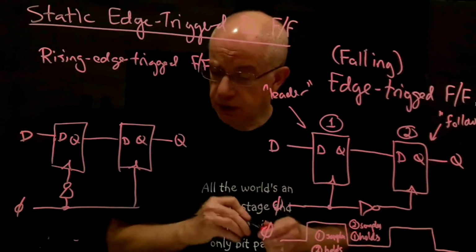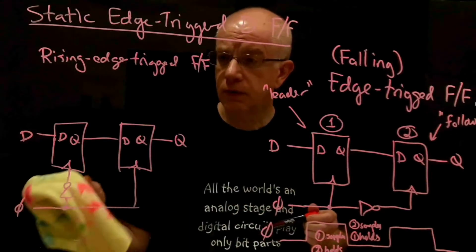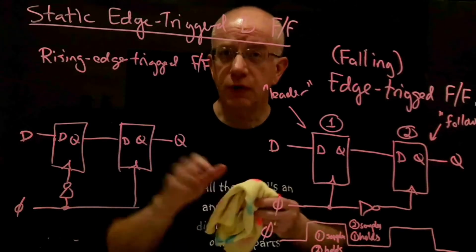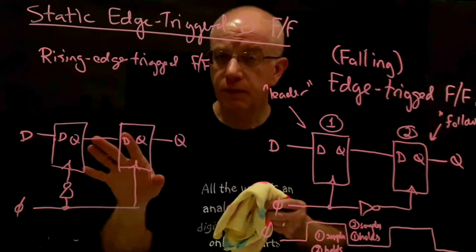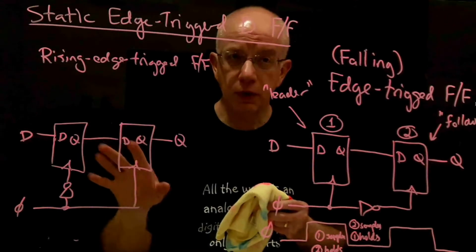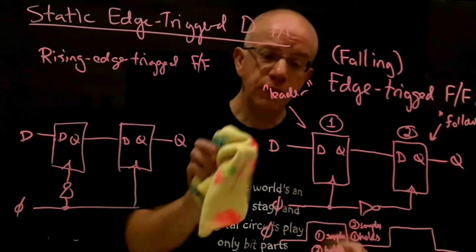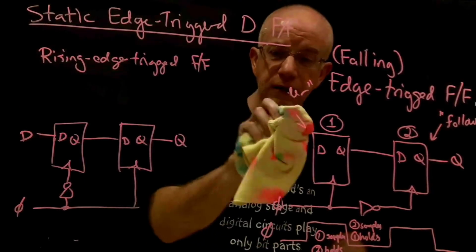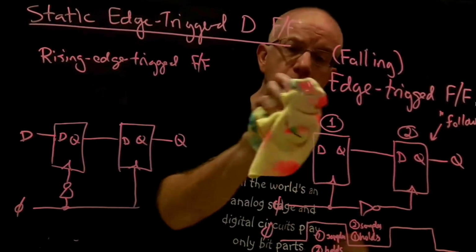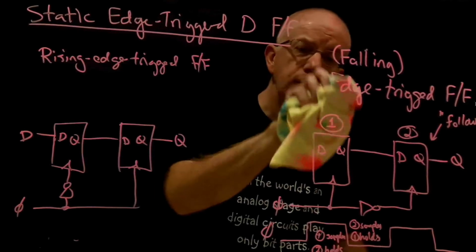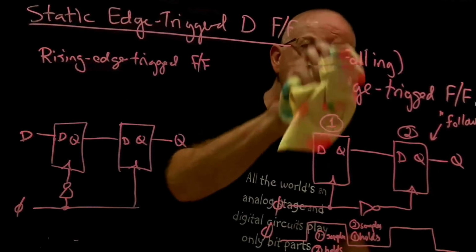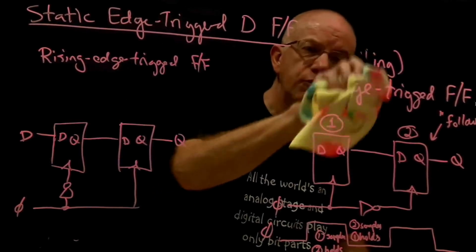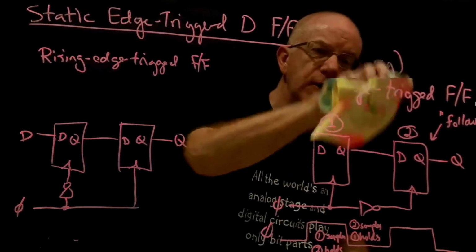The classic potential issue with this type of leader-follower arrangement happens when there's enough delay through that inverter that both latches are transparent for a very short amount of time.